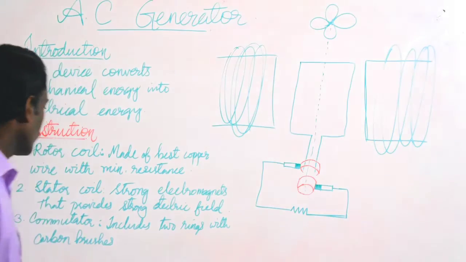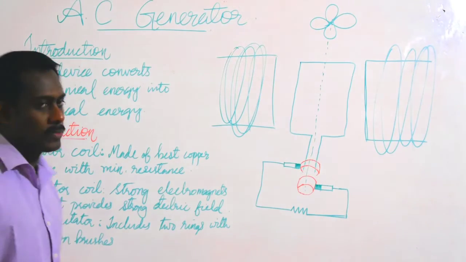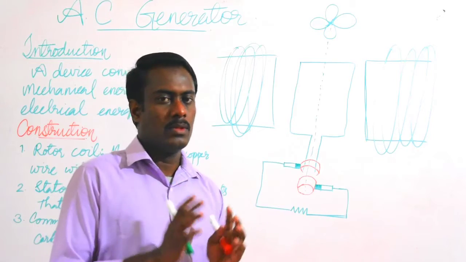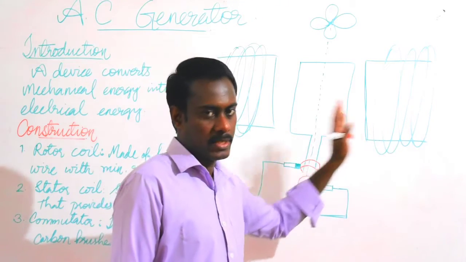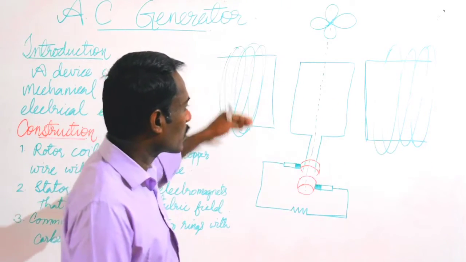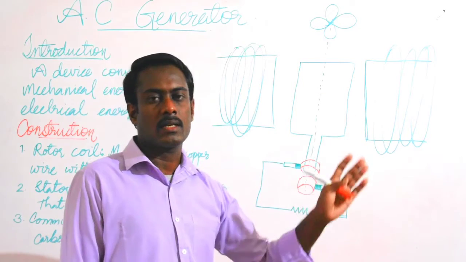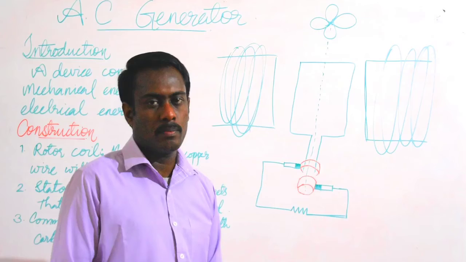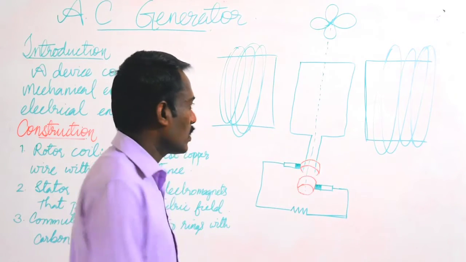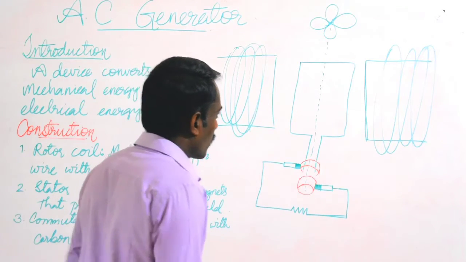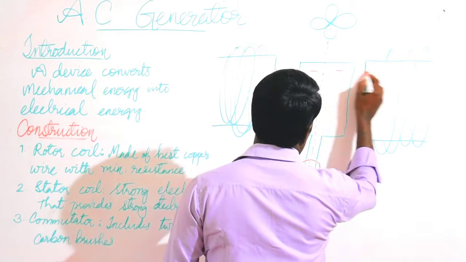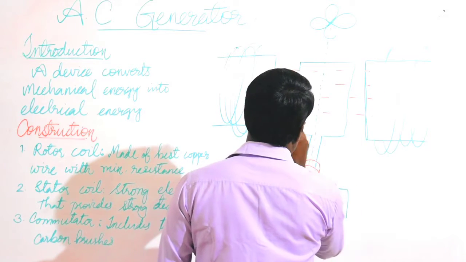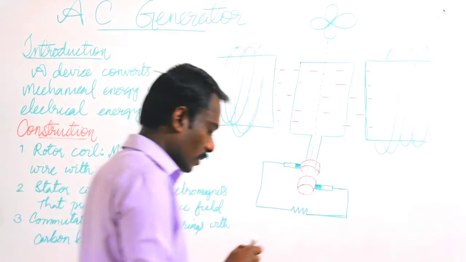Now, the second part is the stator coil. The stator consists of two magnets, and these magnets are electromagnets, because electromagnets produce a strong electromagnetic field. This strong electromagnetic field passes through the rotor coil, and this is the direction of the magnetic field produced by the stator.